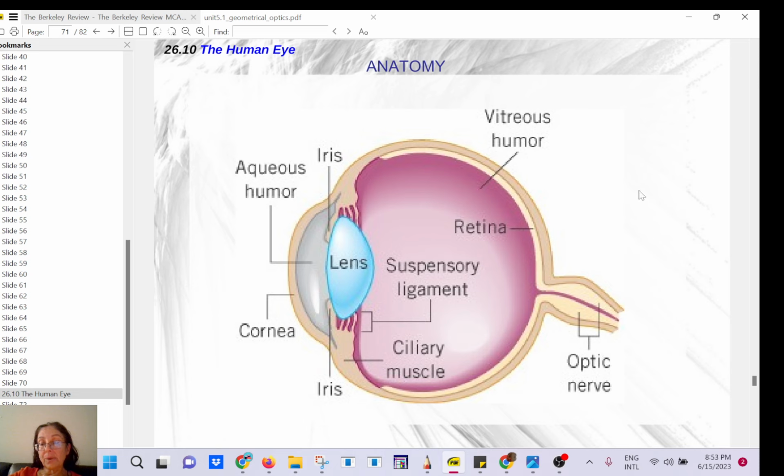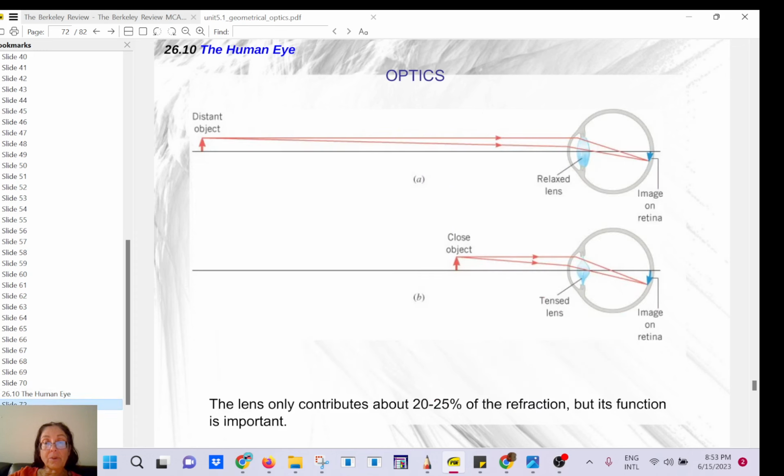And that goes to our brain. So, for example, if you have a healthy eye, a distant object here, you see the lens is relaxed, the image will be on the retina, and it's going to be real and upside down. And the sensor here will be able to translate that as an image in our brain.